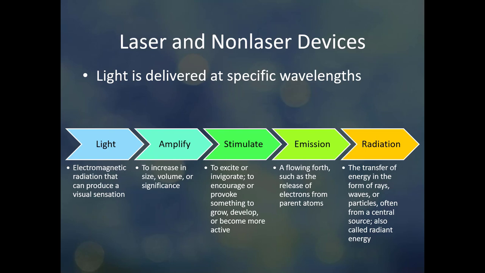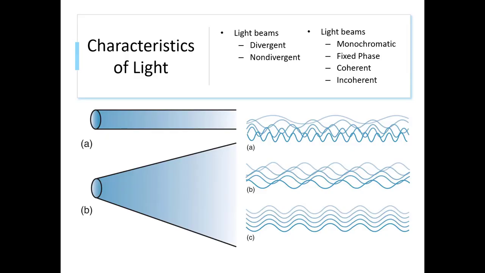To encourage or provoke something to grow, develop, or become more active. Emission. A flowing forth, such as the release of electrons from parent atoms. Radiation is the transfer of energy in the form of rays, waves, or particles, often from a central source, also called radiant energy. The characteristics of light.